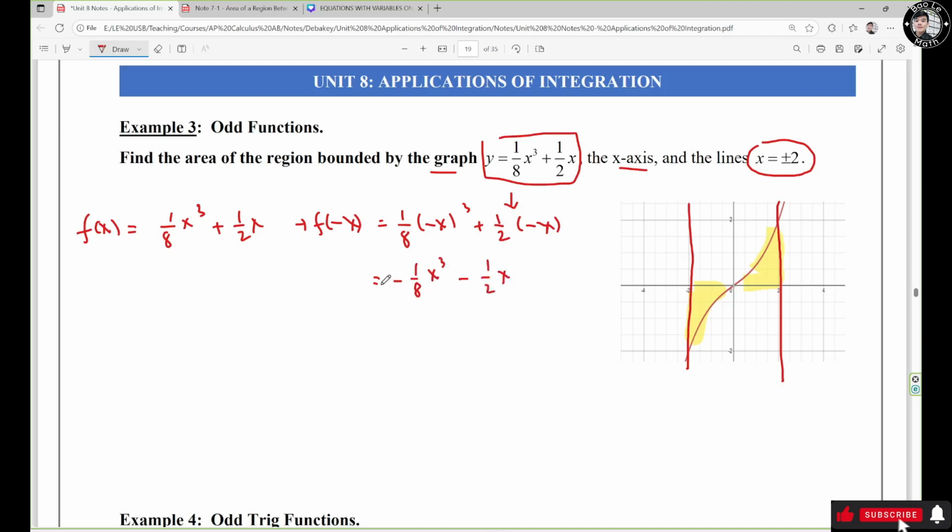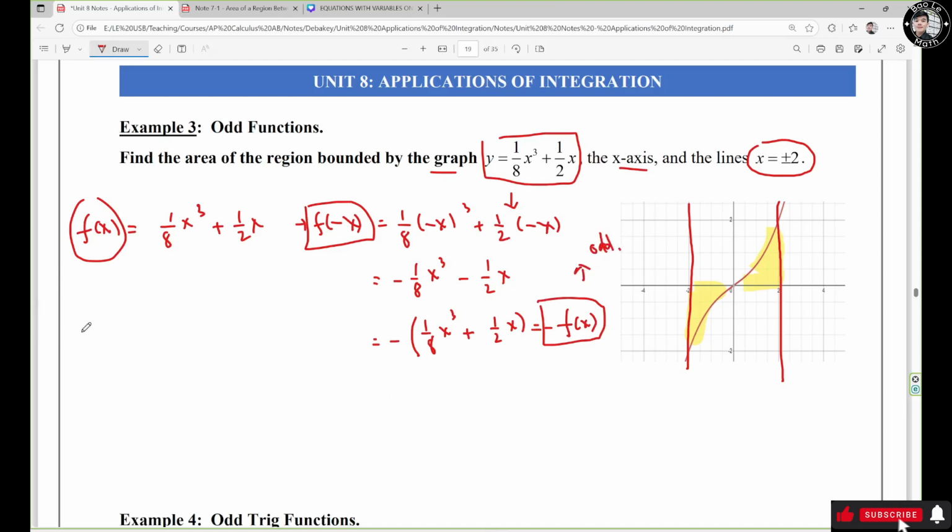I factor negative 1 out, so it's negative parenthesis 1/8 s cubed plus 1/2 s. Now look at the part inside the parentheses. This is actually f of s. So I will write the negative sign right here, and I put f of s right here. Now I just proved that f of negative s equals negative f of s. So this tells us that the function is odd.